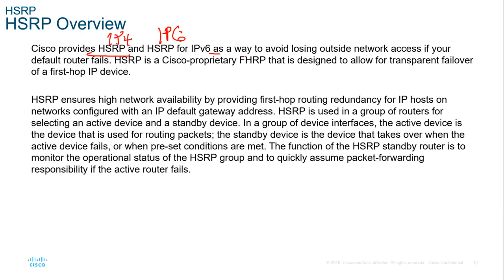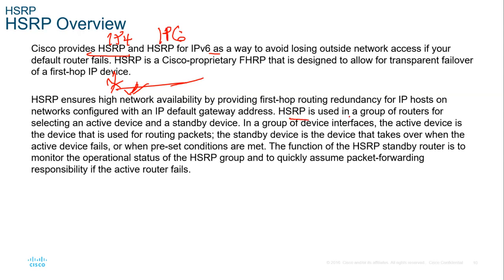HSRP is a Cisco proprietary protocol, as we said. HSRP ensures high network availability, to make sure that the network is always available, so that even if one of the links goes down, the redundancy will come into play.